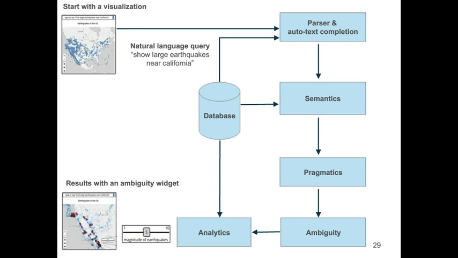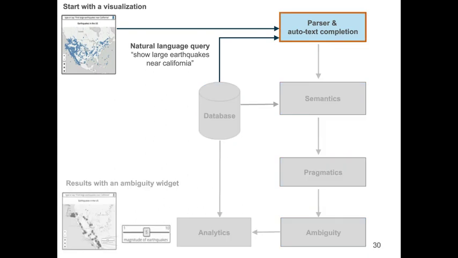All right, so just going through the overview of the system, I'll be talking about each of these components in a little bit more detail. The first component is the parser that parses the input query in order to make sense of it.